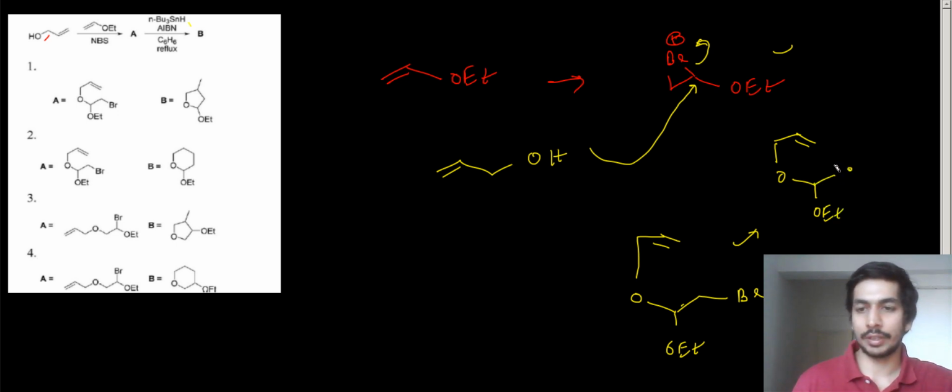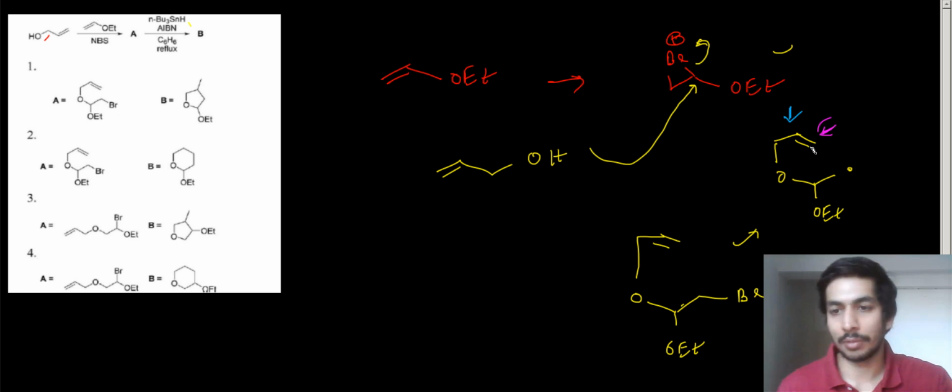Now if you label the carbons, or you can see the number of atoms, 1, 2, 3, 4, 5. If the attack takes place at this carbon, let me show it to you in blue, we get a 5-membered ring, and if the attack takes place on this carbon, the one I'm showing you in purple, then a 6-membered ring will be formed.